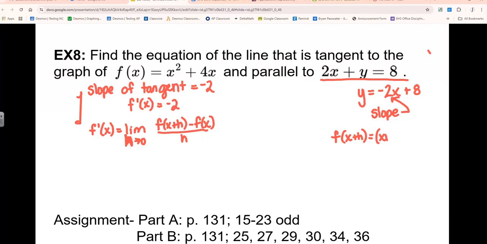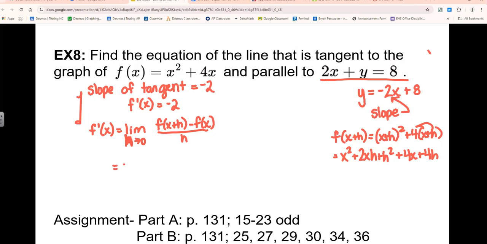We're going to have (x plus h) squared plus 4 times (x plus h). And so that would be x squared plus 2xh plus h squared. And then we'll distribute that 4, so we'll get plus 4x plus 4h.